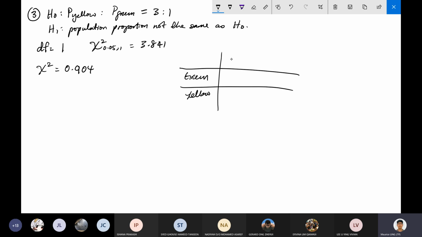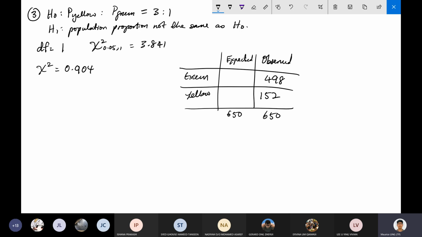So how many peas do you count? Your observed is 498, 152. So what is the total? 498 plus 152? 650. Good. So 650 here.